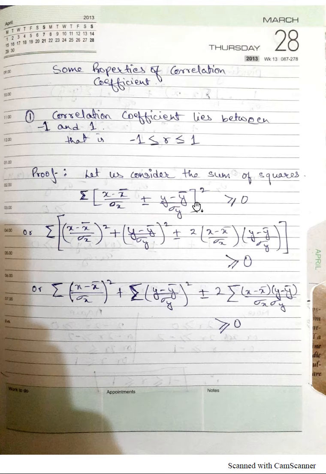So we can write it as greater than or equal to 0. We derive this from the fact that the sum of squares of any number is always greater than or equal to 0. We can simply remember it: the sum of squares of any number is always greater than or equal to 0.